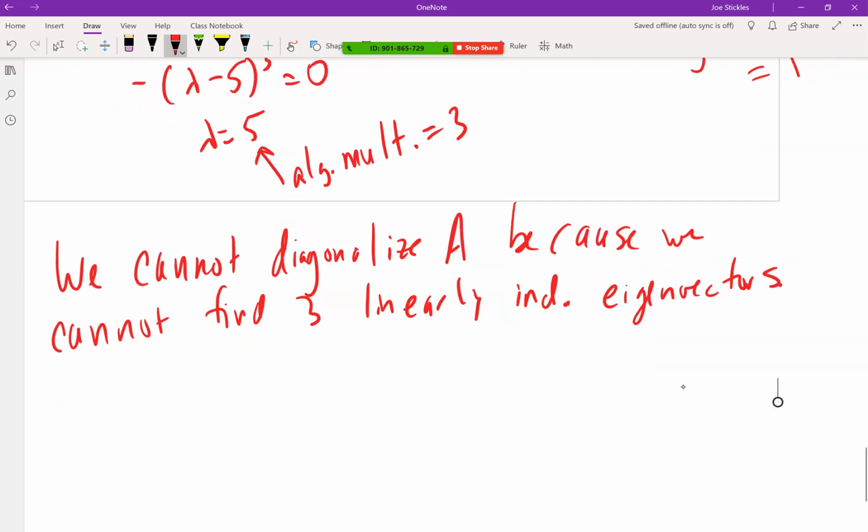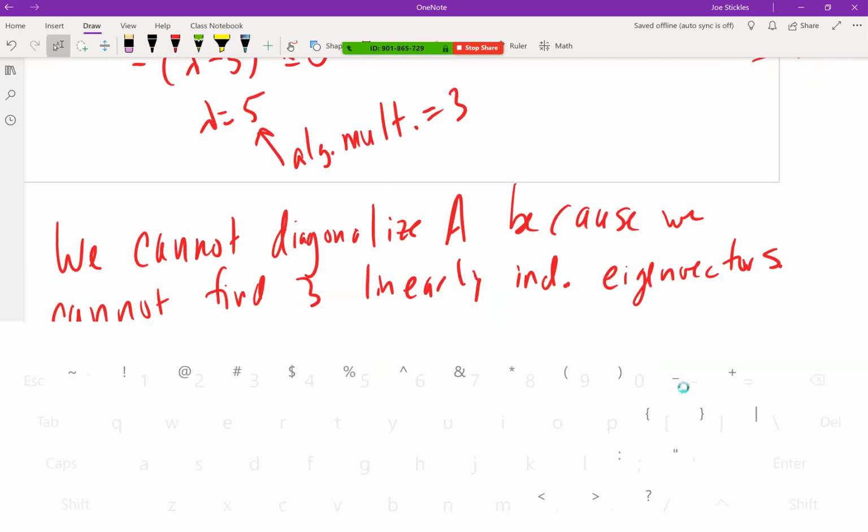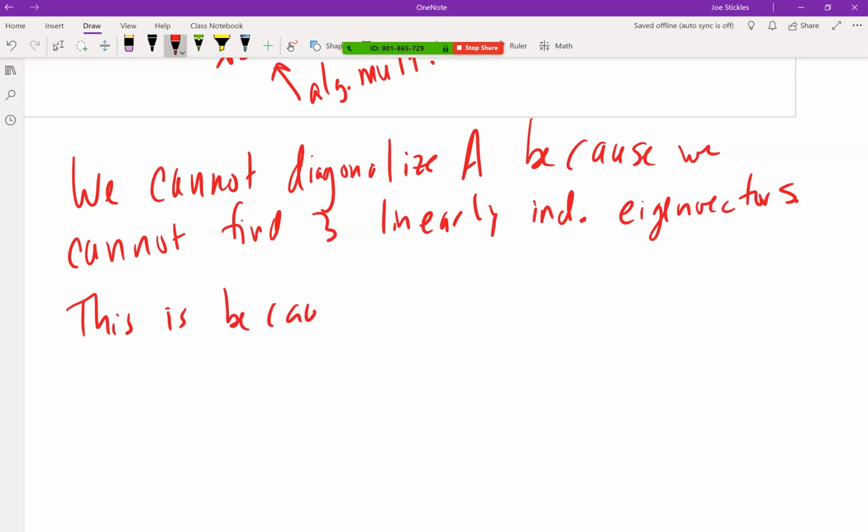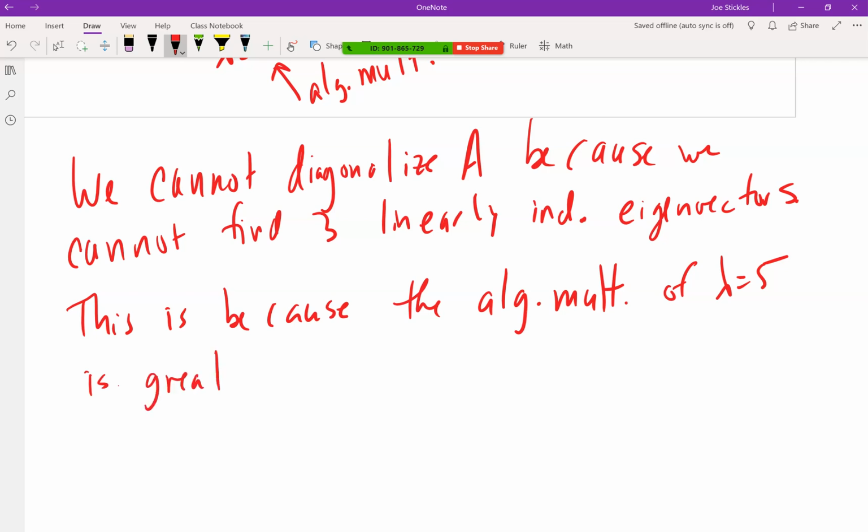And again, the reason why we couldn't find enough linearly independent eigenvectors is because the algebraic multiplicity of lambda equals 5 is greater than the geometric multiplicity.